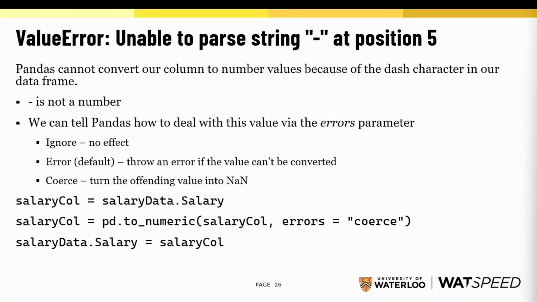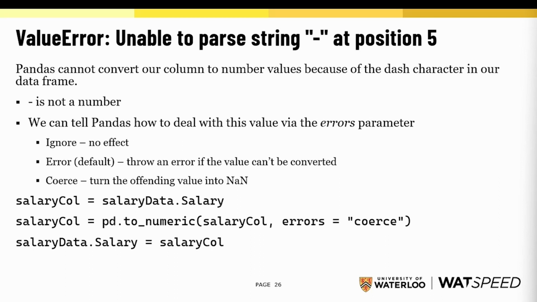Pandas can't convert our column into number values because of the dash character. Dash is not a number. So then how do we clean this column? Thankfully, we can tell pandas how to deal with this value that it can't convert via a parameter called errors.